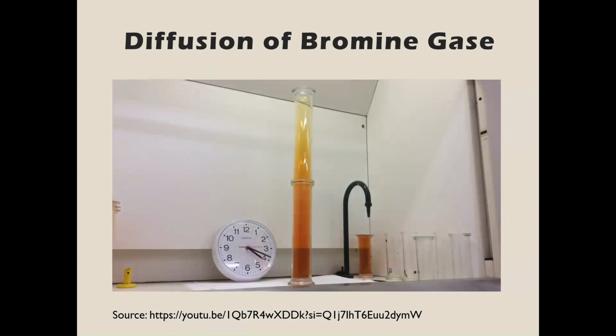When we allow both gases inside the two cylinders to mix together, we will see that bromine gas is moving from the high concentration in the lower tube to the low concentration in the upper tube. And this diffusion will continue until both tubes have the same color degree, which means the concentration of the bromine gas is now equally distributed over the whole space of the two tubes.